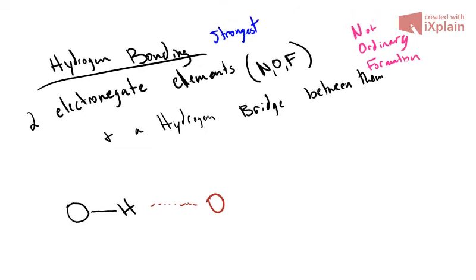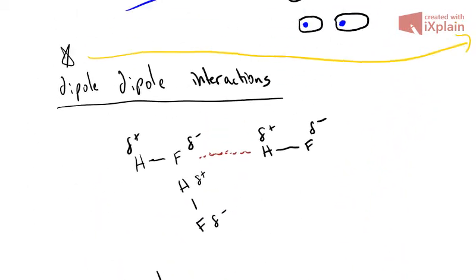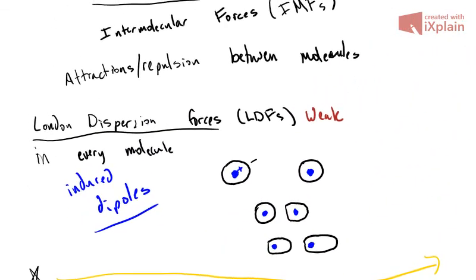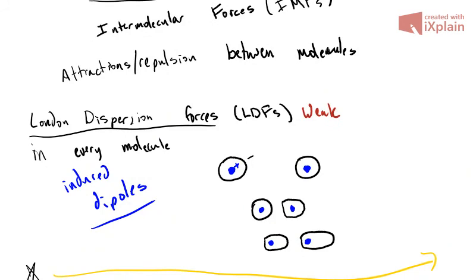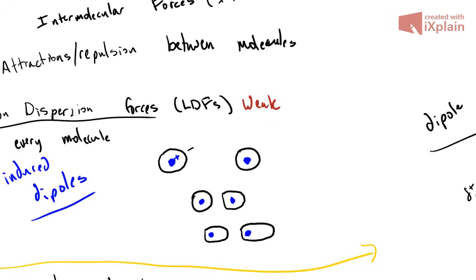There are some things that affect the strength of these bonds. In London dispersion forces, the thing that affects it is the surface area.